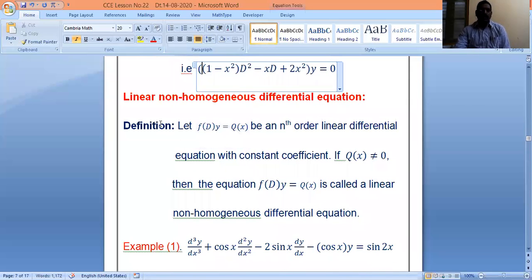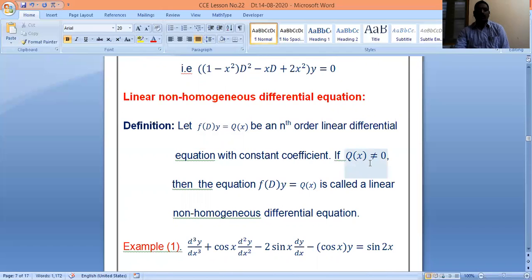Now, what is a linear non-homogeneous differential equation? Let f(D) y = q(x) be an nth order linear differential equation with constant coefficients.